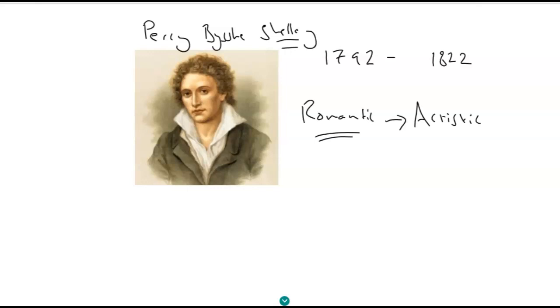So just to explain this term romantic, because it's going to come up in other videos, so I'd like to explain it now. Romanticism as an artistic movement is a reaction to rationalism.